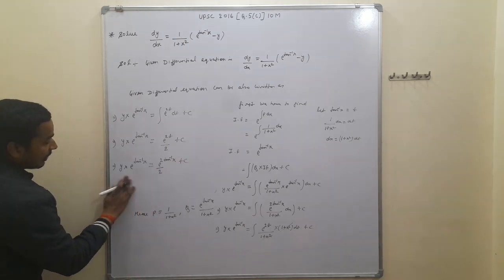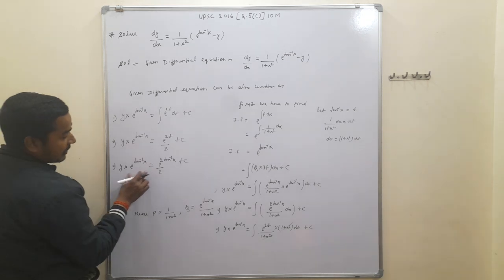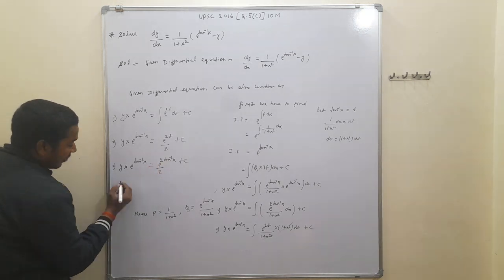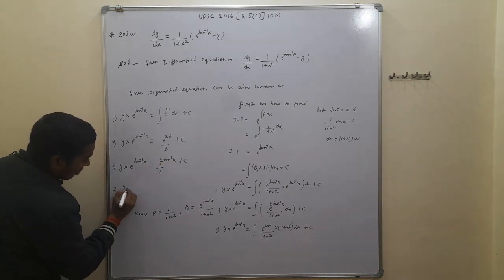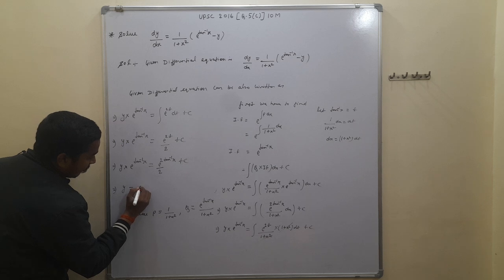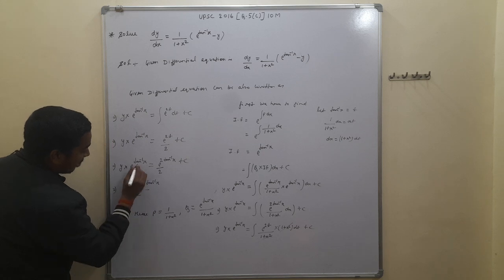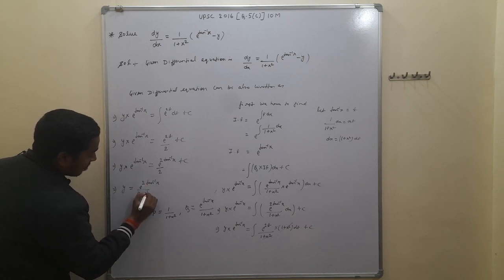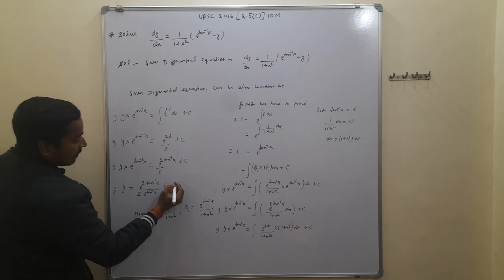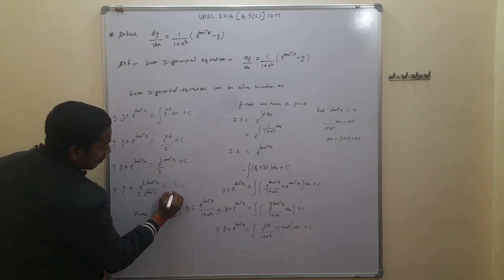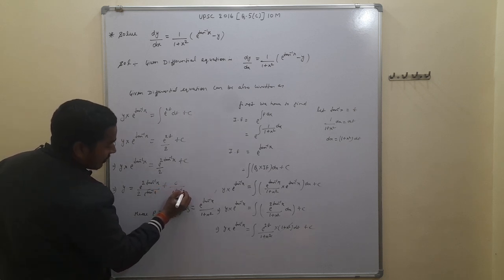From here e to the power of tan inverse x is taken to the denominator. This is y is equal to e to the power of 2 tan inverse x upon 2, and e to the power of tan inverse x is taken to the denominator, plus c upon e to the power of tan inverse x.